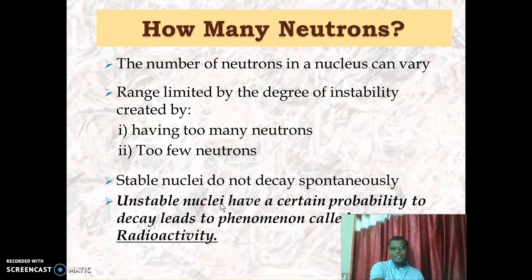So these unstable nuclei have a tendency to emit some radiation spontaneously, which leads to decay of the nucleus of the atom, and this phenomenon is called radioactivity.